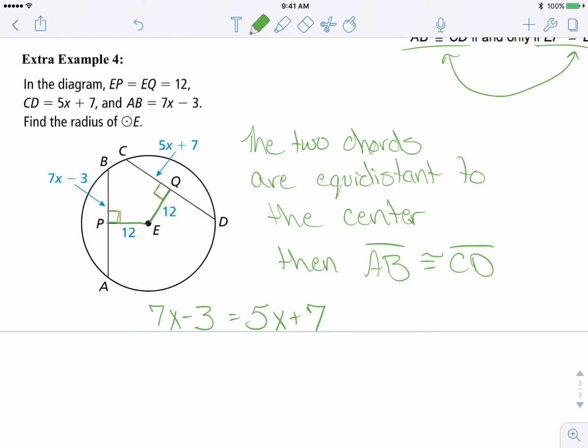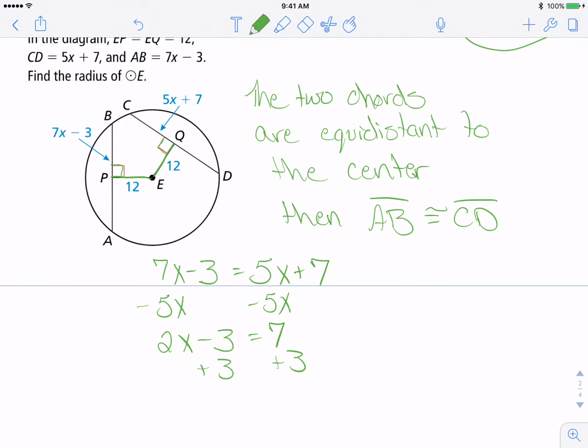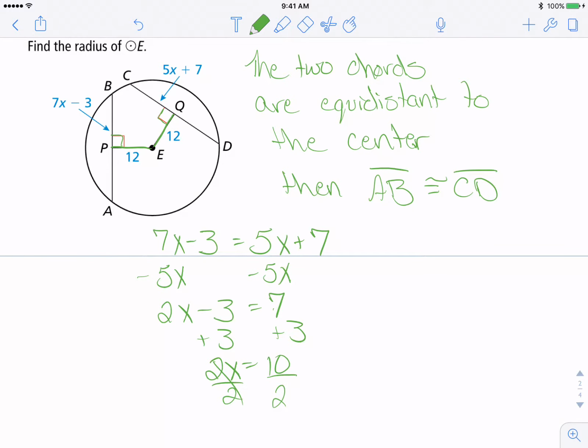If we solve that, I'm going to subtract 5x from both sides. So we'd have 2x minus 3 equals 7. I'm now going to add the 3 to both sides. So 2x is going to equal 10. Divide by 2, x is 5.